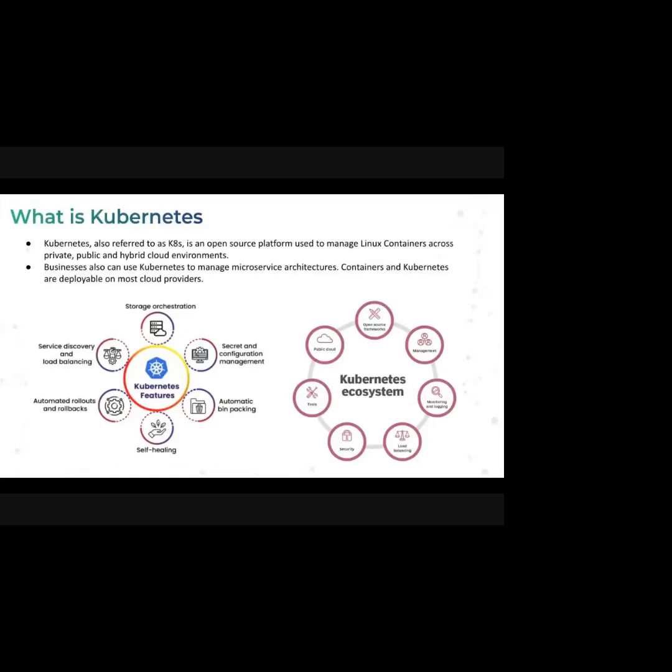In terms of the ecosystem, what exactly does Kubernetes consist of? It consists of management, monitoring, logging, load balancing, security tools, support for public cloud, and an open source framework. So the Kubernetes ecosystem consists of all of this functionality, some of which Docker was not able to do, and there was a need in the industry. You will see industry will always look for flexibility: I should be flexible, I will love to do what I want to do, I will love to do where I want to do.